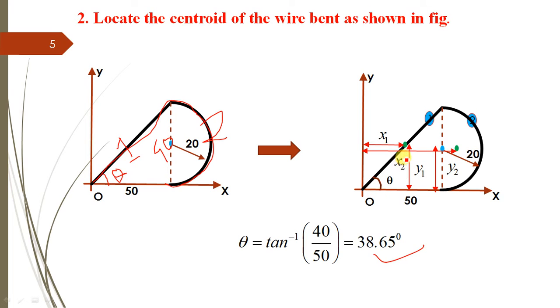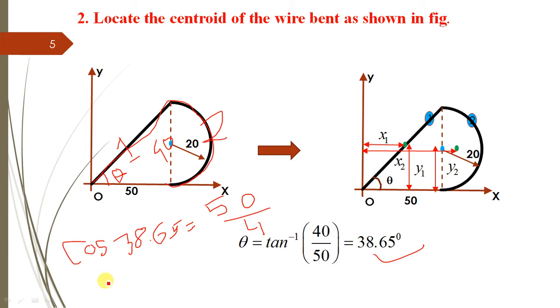Cos of 38.65 is adjacent upon hypotenuse, which is 50 upon the length of the inclined line, which I will write as L1.